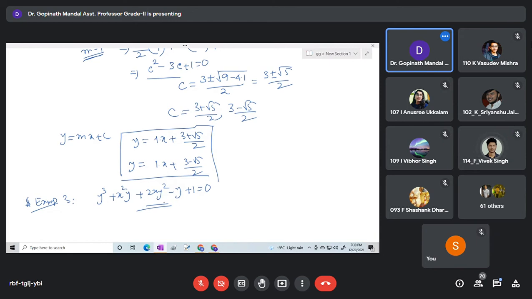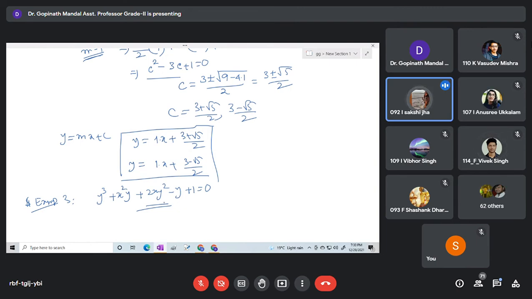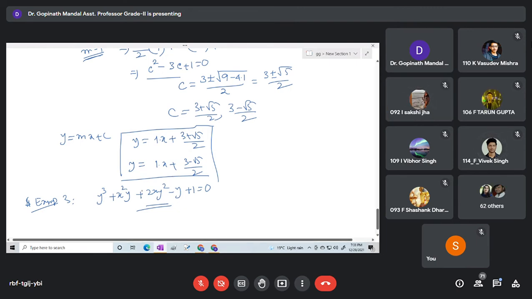Yes, sir, y equal to 0. Right. The highest power of x is x square, so the coefficient of x square is y. So y equal to 0. This is our asymptote parallel to the x-axis.